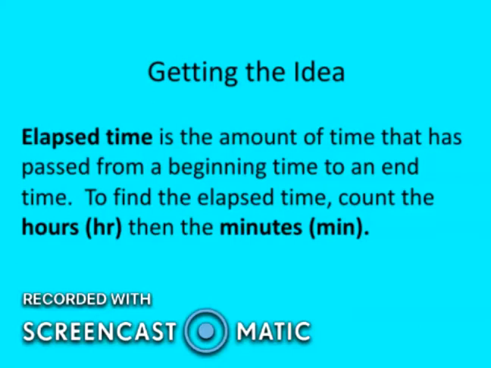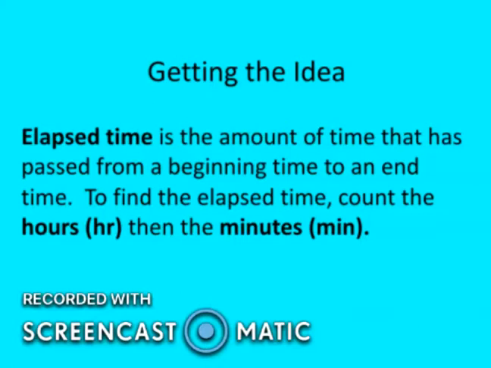Now yesterday, if you watched the video that was embedded in our Nearpod lesson, you found out that we could not simply subtract or add to find out elapsed time, or to find out an end time. We found out in that video that we couldn't do it because time is based on 60 minutes.